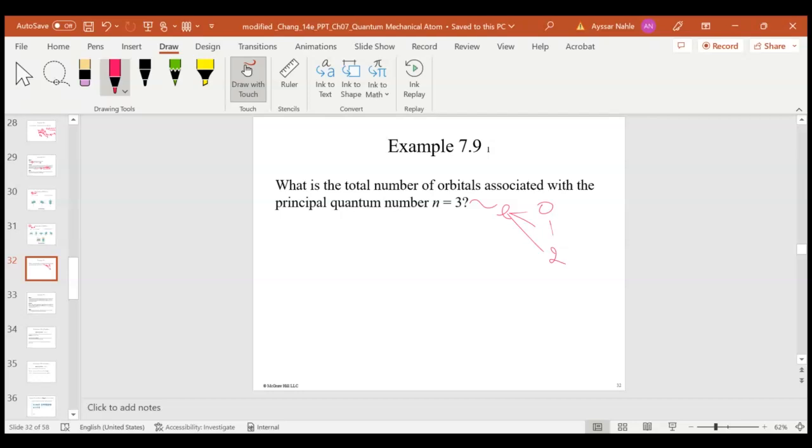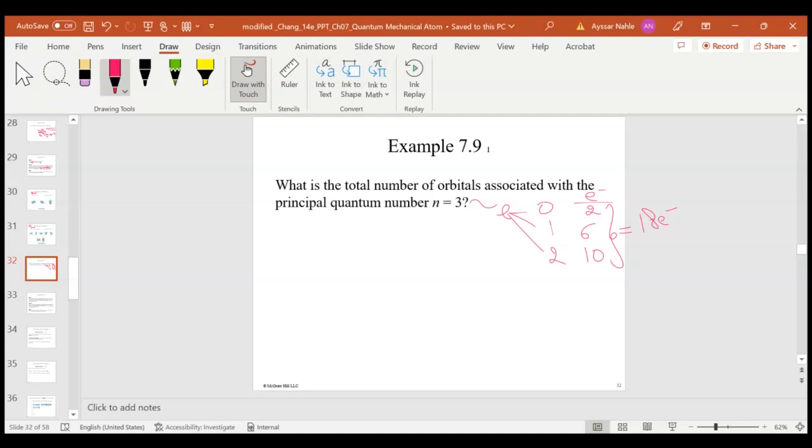How many electrons in S? 2 electrons. In P, how many? 6. In D, 10. These are the number of electrons. If I add them all together, this will be equal to 18 electrons. That's as simple as this.